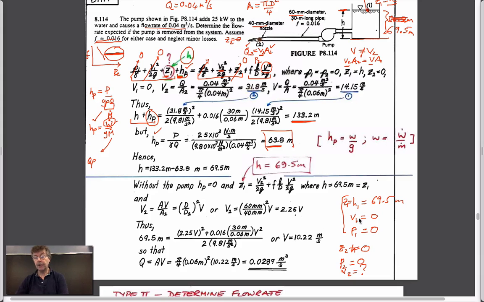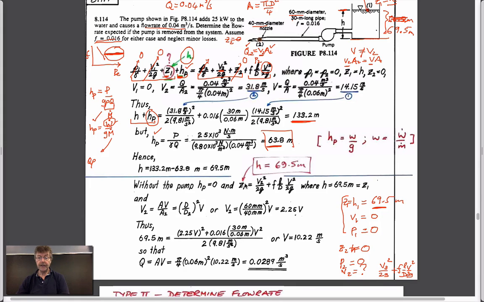Most of the terms are going to drop out. If we write it upstream, the only term upstream is going to be Z1. The only term downstream is going to be V2 squared over 2G. And it's going to be plus the head loss term, friction, length over diameter, and a different velocity, V squared over 2G.